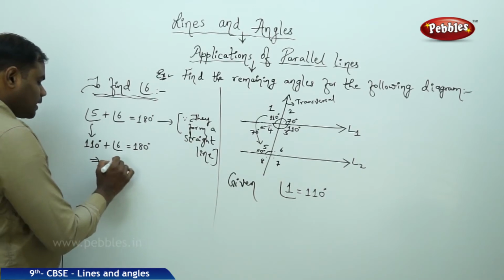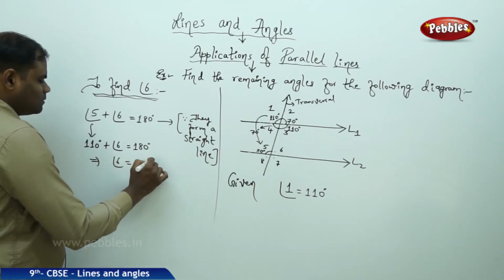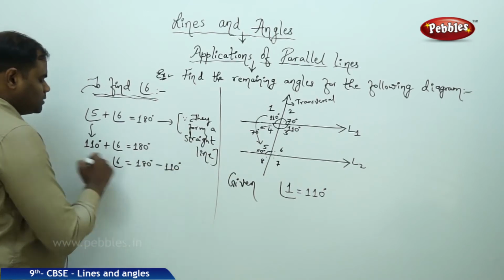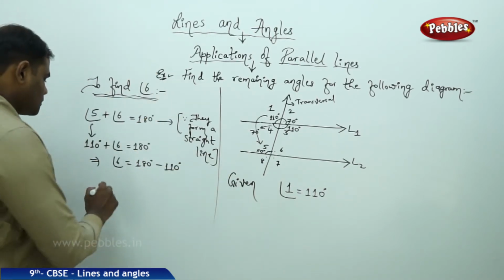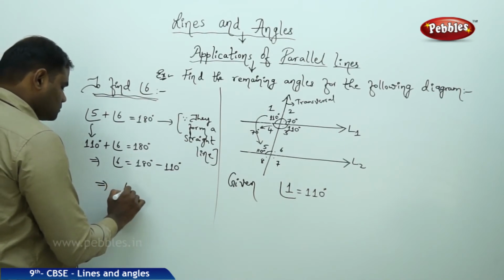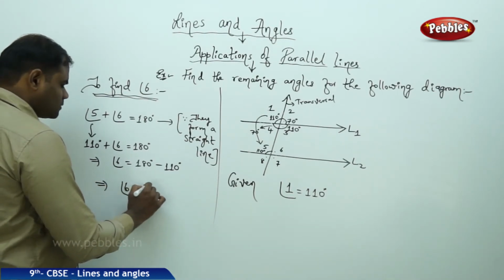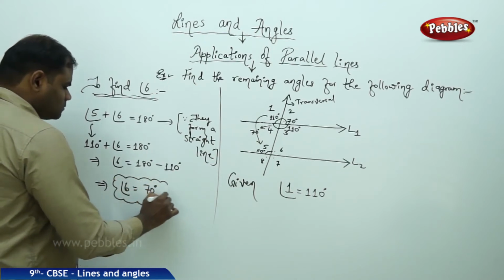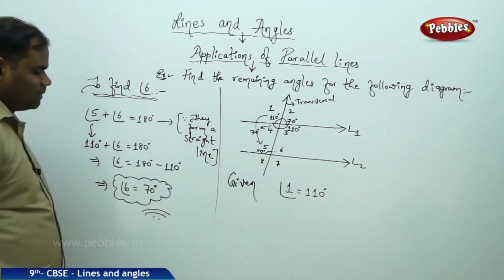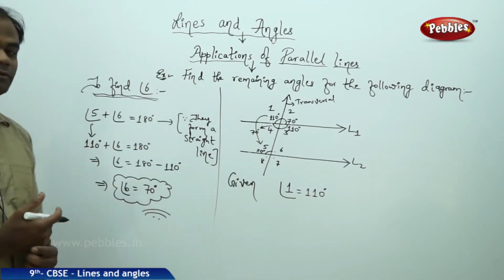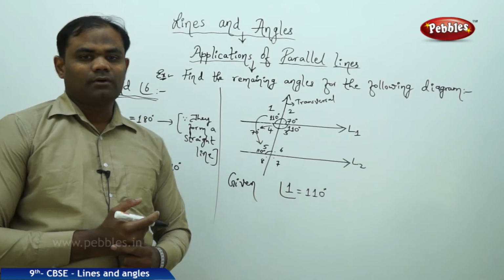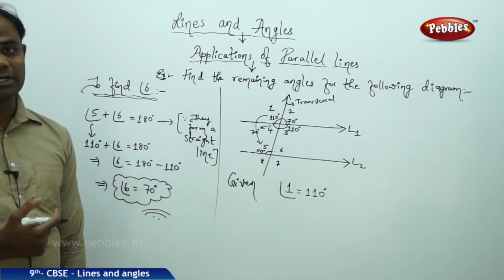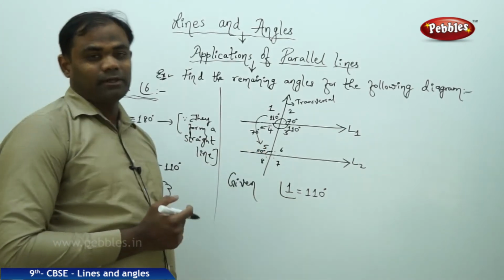That implies my angle 6 is 180 minus 110, which comes to 70. Therefore, angle 6, which is 70 degrees, is what we have found using the straight line property, utilizing angle phi.